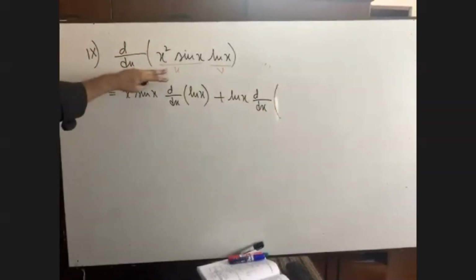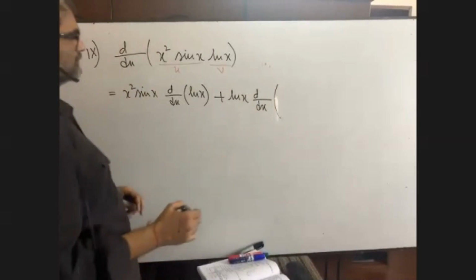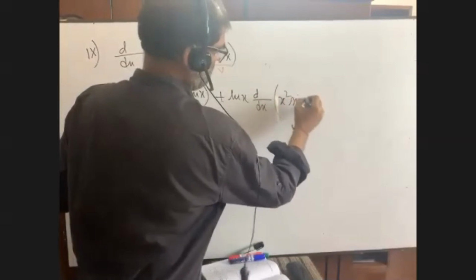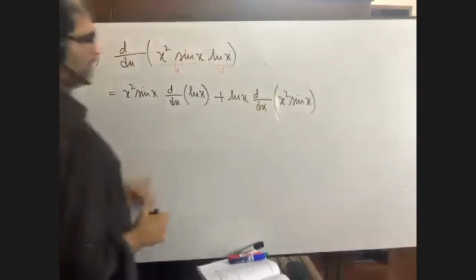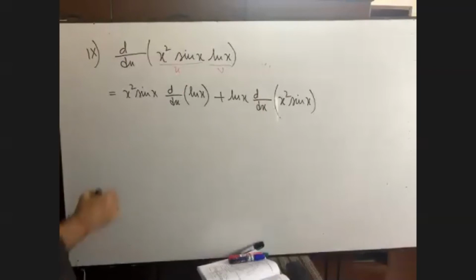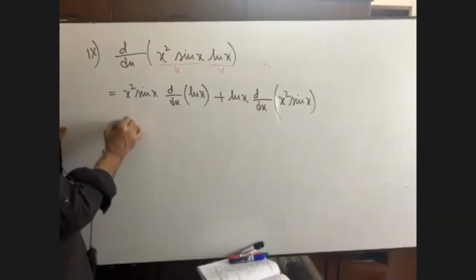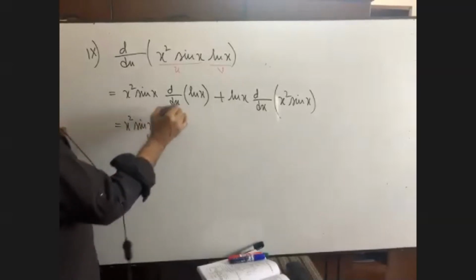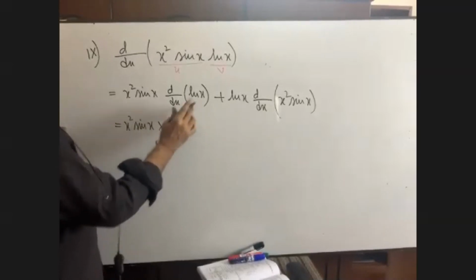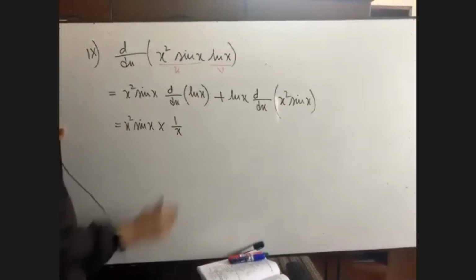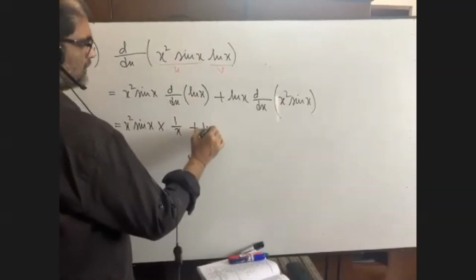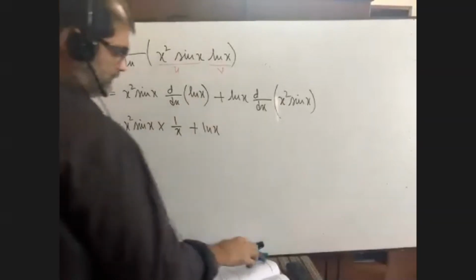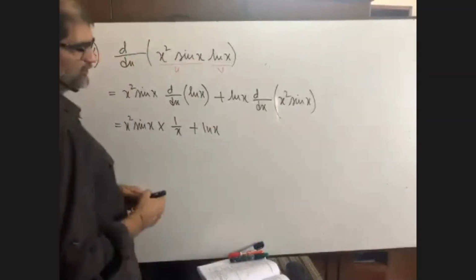I wrote here, u is x square sin x. It is x square sin x. ln x differentiates to what? 1 by x. This is plus ln x. Now you give here second bracket.